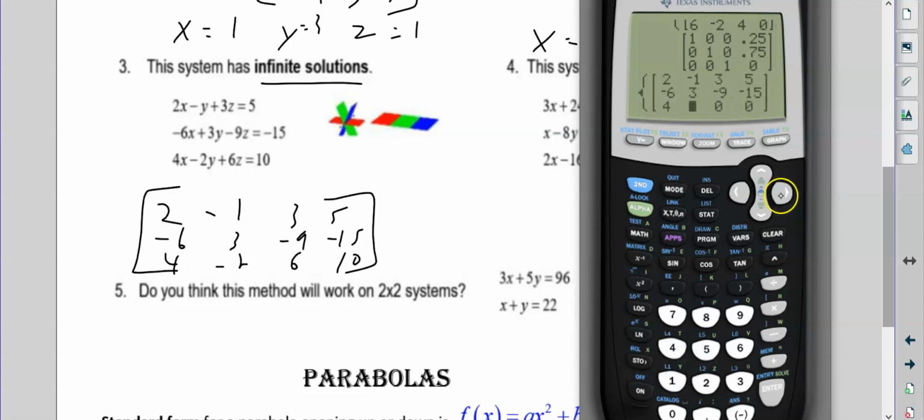Again, right arrow all the way. Now when you hit enter for infinite solutions, the bottom row is going to be all zeros. There you go. When you get all zeros in the bottom row, it means infinite solutions. They're all the same line.